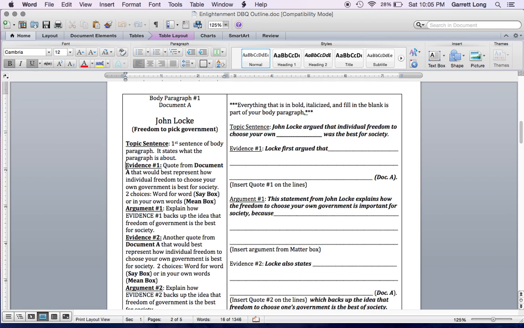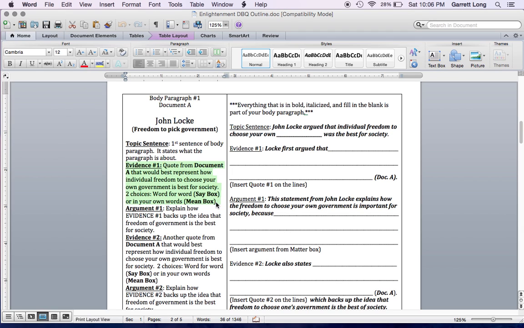Okay, moving on to evidence number 1. Remember, guys, evidence is our quote or our information that we are getting from each document. So evidence number 1 is the quote from document A that would best represent how individual freedom to choose your own government is best for society. Now, guys, when you're choosing your evidence, you have 2 options.